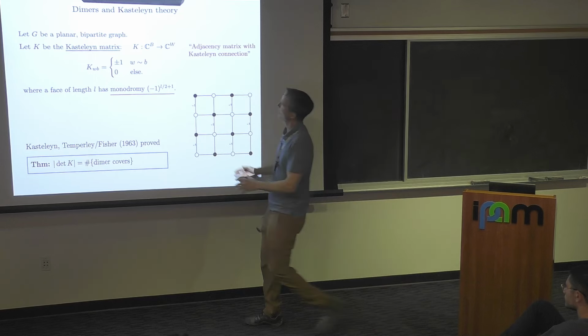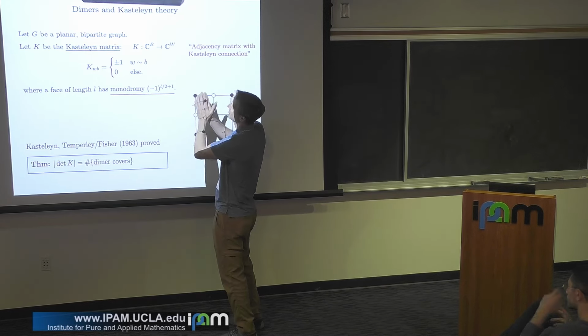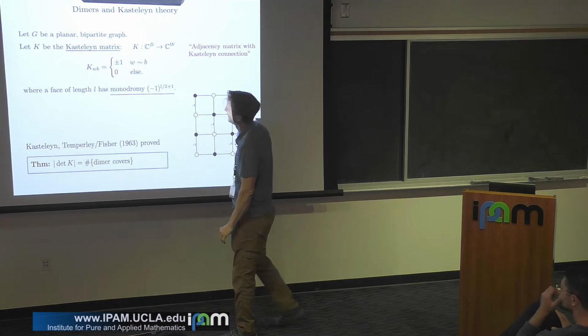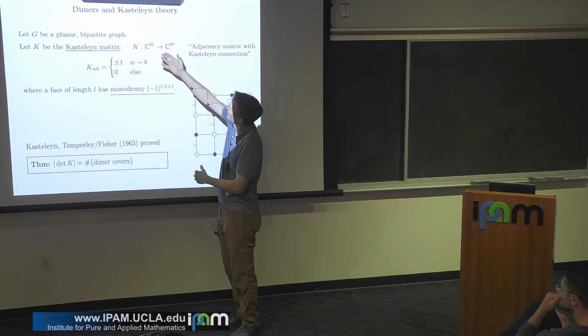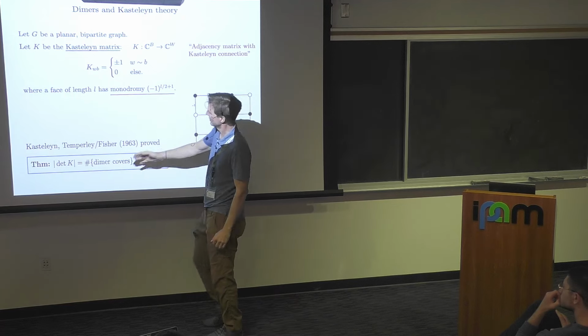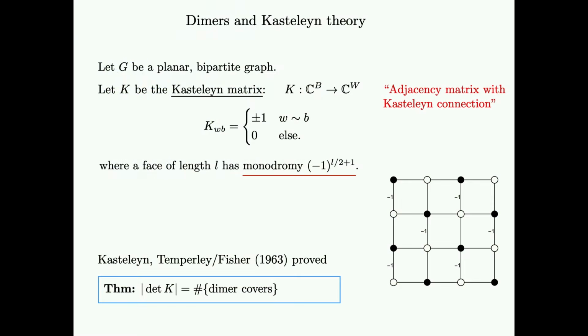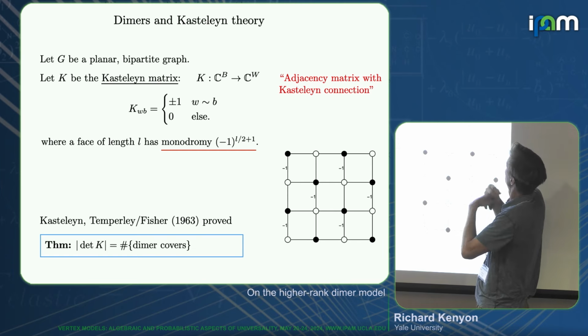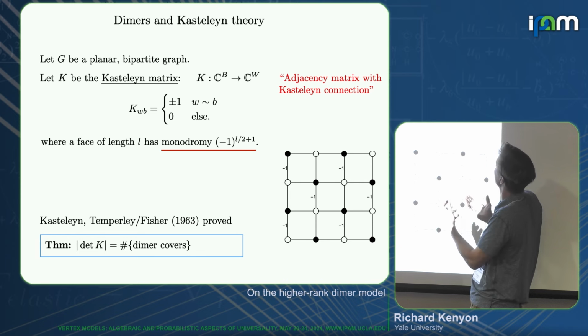Okay, how do you count single dimers? If you have a planar bipartite graph, there's a certain matrix called the Kasteleyn matrix, whose determinant counts the number of dimer covers. And what matrix is it? Let me tell you one small thing about this: when you start thinking about your edge weights as connections, you can think about the Kasteleyn matrix as just the adjacency matrix, but with a certain connection on it called the Kasteleyn connection.